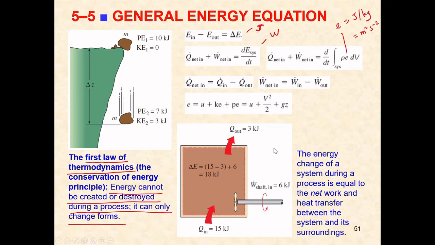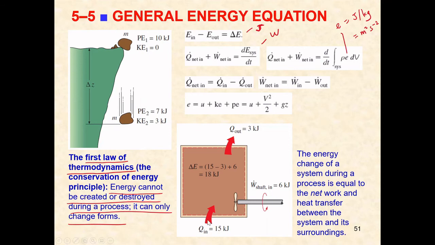To have a better understanding of the energy system, imagine that the energy change of a system during a process is equal to the net work and heat transfer between the system and its surroundings.